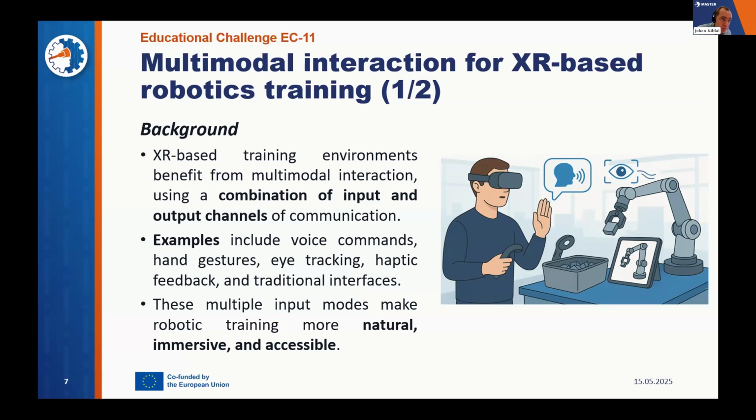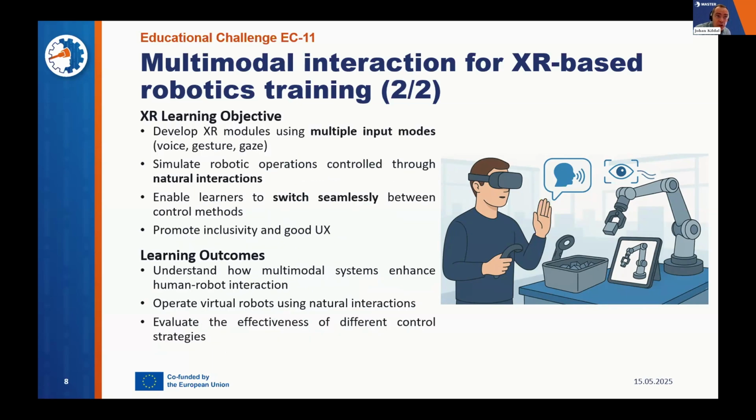You can bring in the information with the controllers, but you can activate gaze tracking, for example, or other types of gesture recognition. Multimodality allows for communication to be natural, which means it doesn't need to be learned. It's the way humans communicate normally, and allows for a good immersive experience that is also accessible, so persons with challenges can find a way around that.